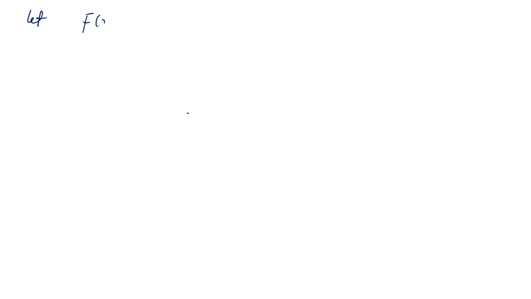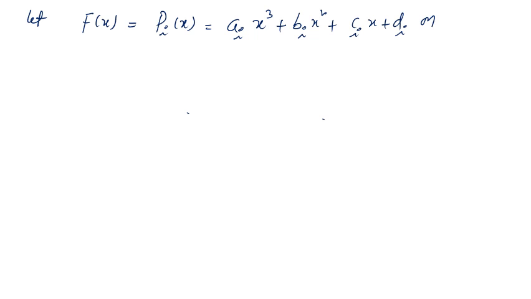So let the function f of x, that is the interpolating polynomial pi of x, be ai x cube plus bi x square plus ci x plus di, on the interval xi minus 1 comma xi. Remember this.